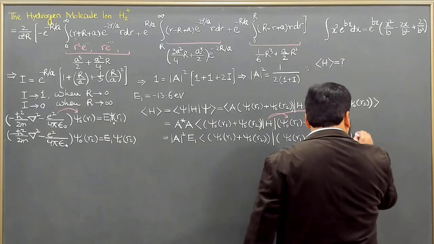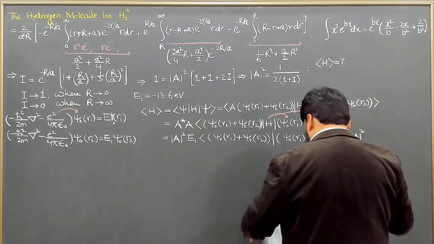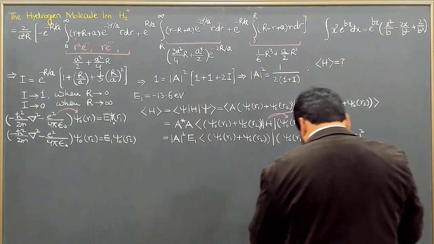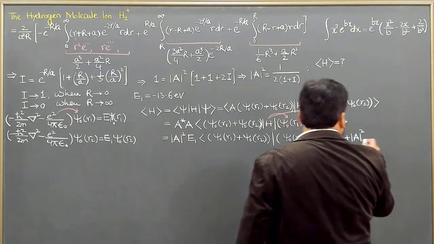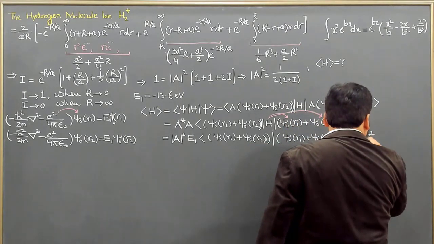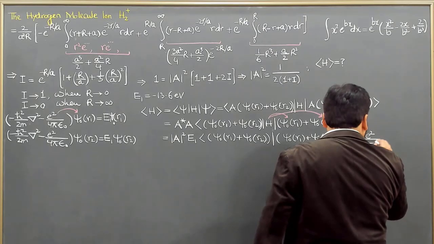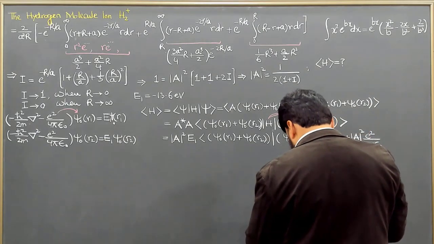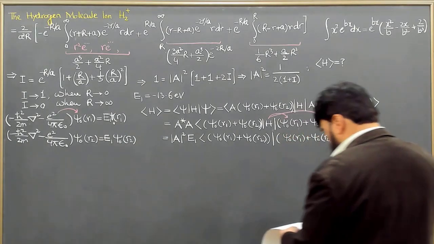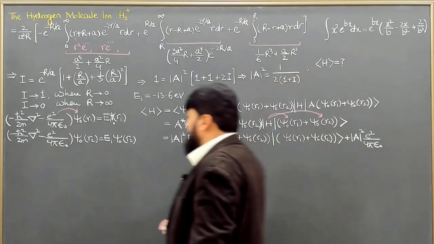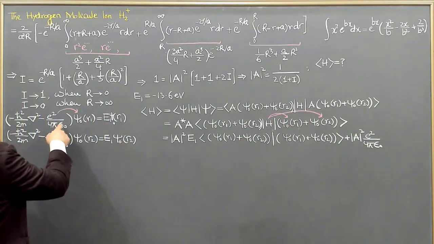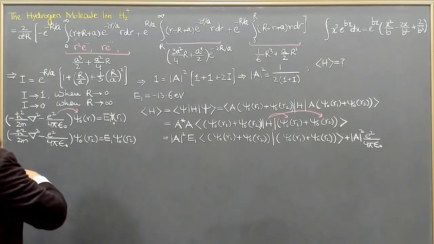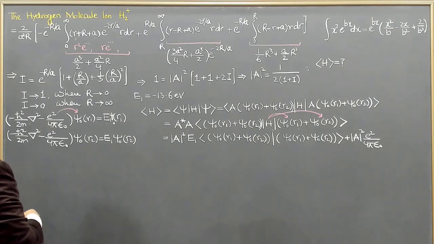Again a mod square will come in, and then I can write e square over 4 pi epsilon naught, and then I will have to write the terms here like this.